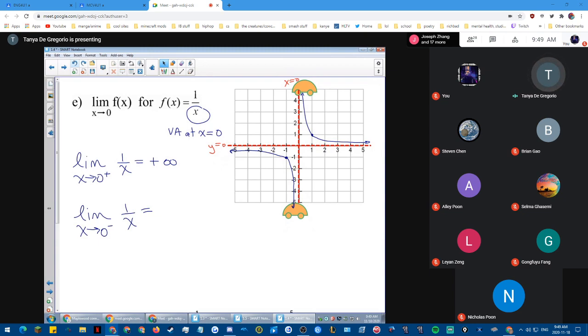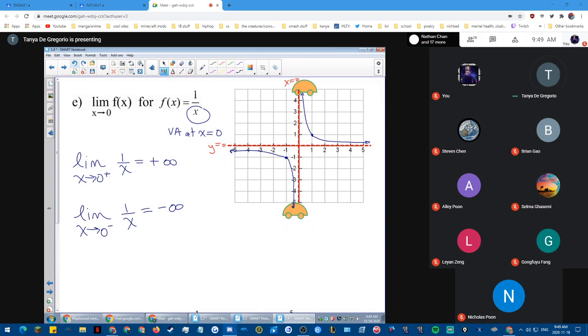Yeah, negative infinity. Very good. Are my limits equal? So can this limit exist? The limit does not exist. The intended height of the function is not the same for both limits.